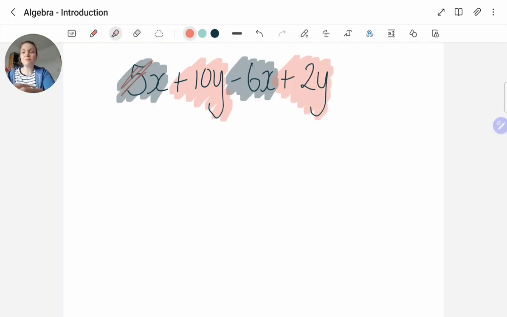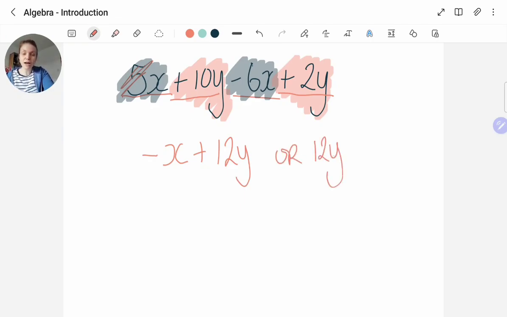So 5x minus 6x is going to be minus x, plus 10y plus 2y is going to be plus 12y. Now you can leave it like that, or if you wish, you can write it as 12y minus x. They both mean the same thing, okay? It's up to you which way around. So that is grouping like terms.